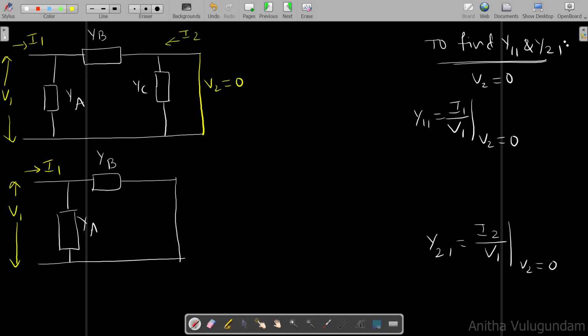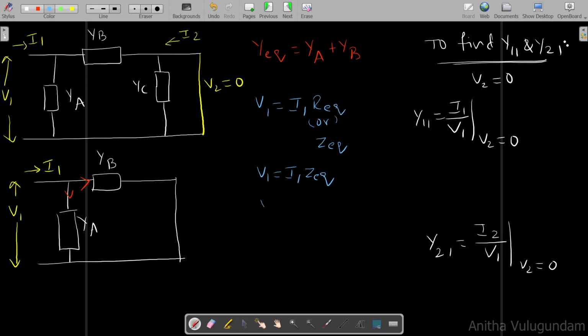Let us find here Y equivalent. Y equivalent equal to YA plus YB. If two admittances are in parallel, equivalent admittance is the sum of these two admittances. I can write here according to Ohm's law, V1 equal to I1 into Z equivalent.